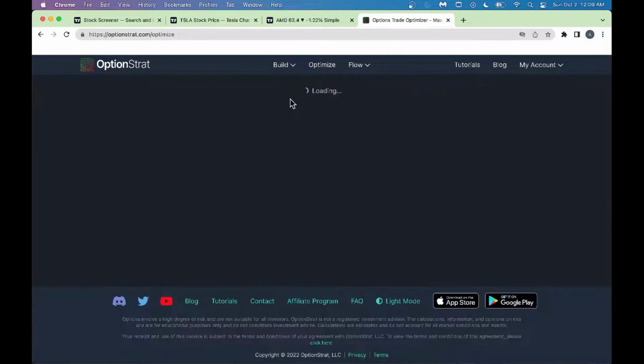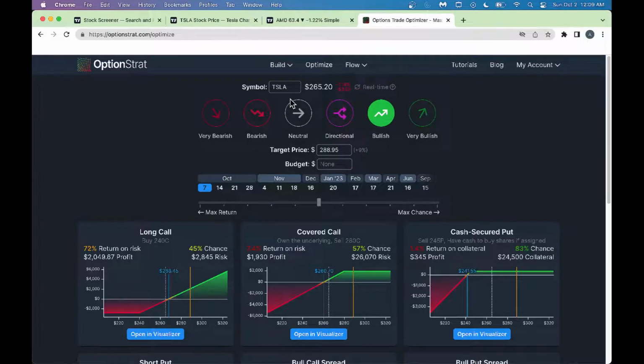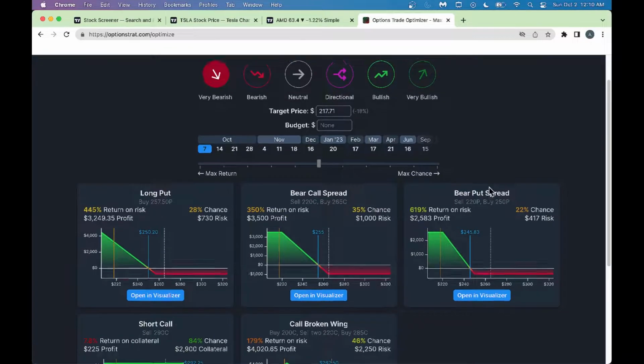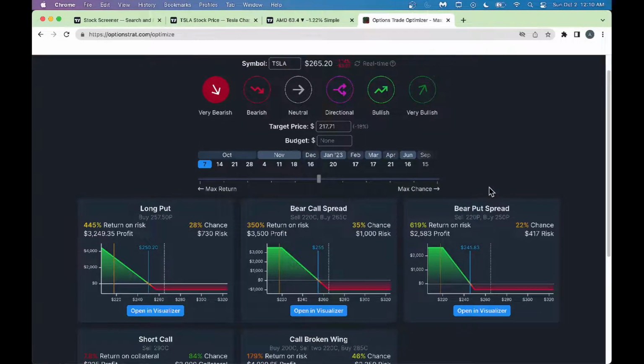As you put in Tesla here, Option Strat asks you, are you bullish, are you bearish, or super bullish, super bearish, and so on. Right now I'm looking at Tesla, I know I'm bearish, so let me click on bearish here. So let's look at the bearish strategies. From a bearish strategy perspective, there are a bunch of strategies, as you can see here.